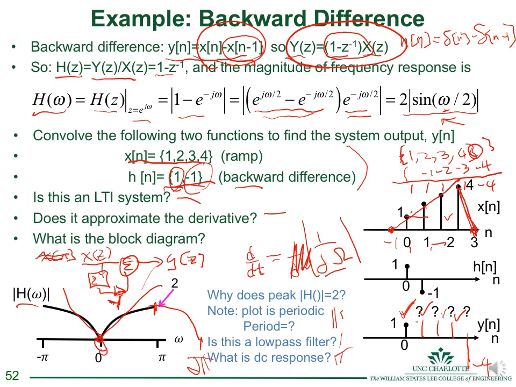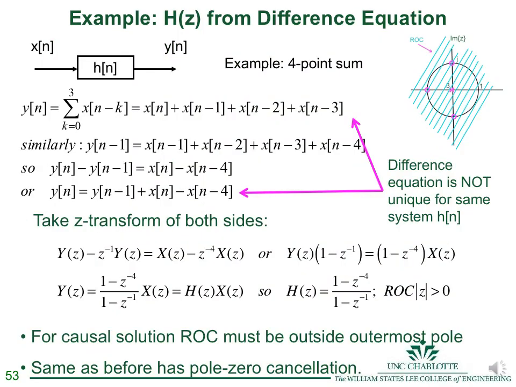As we've seen in some of these examples, you can directly solve for H of z from the difference equation. So if we have a 4-point sum as our system, the output is the sum of today's, yesterday's, the day before, and a day before that. We could rearrange this a couple different ways.